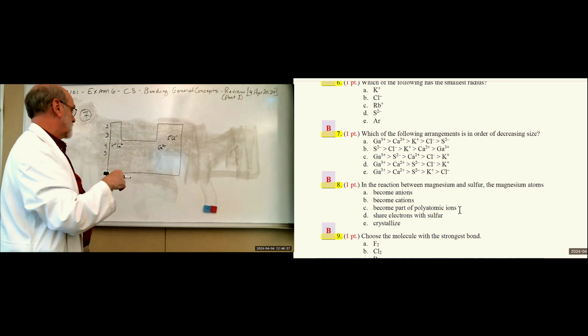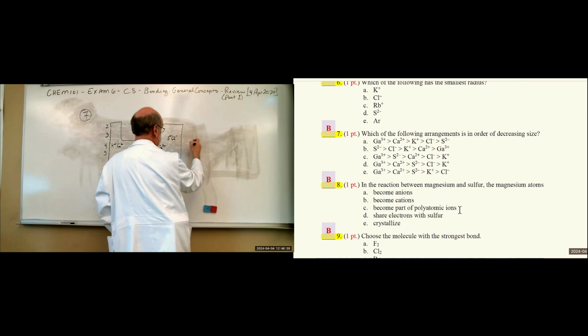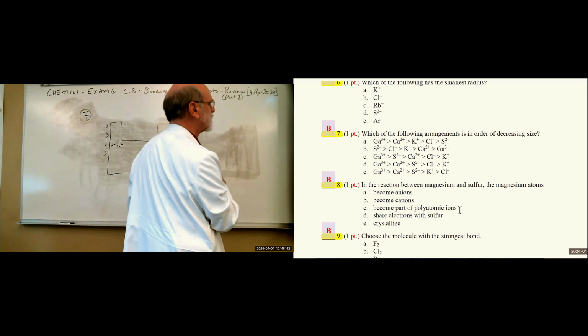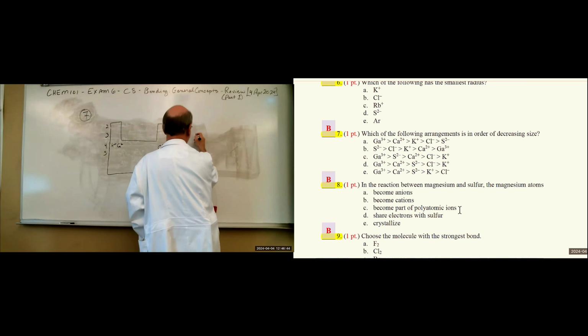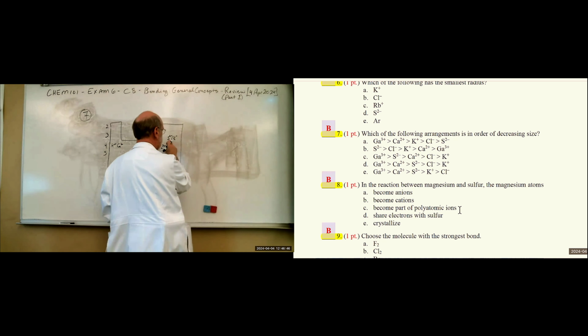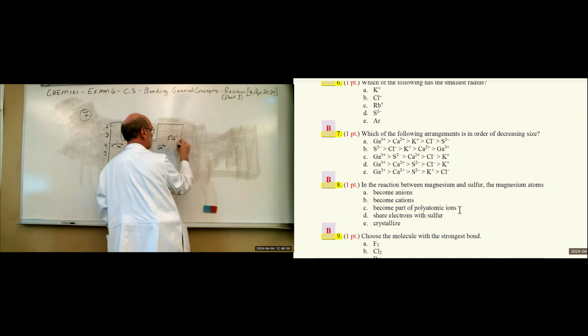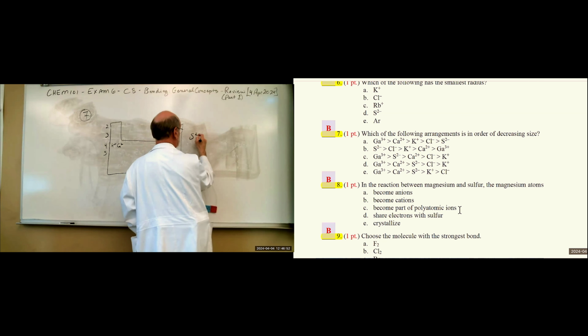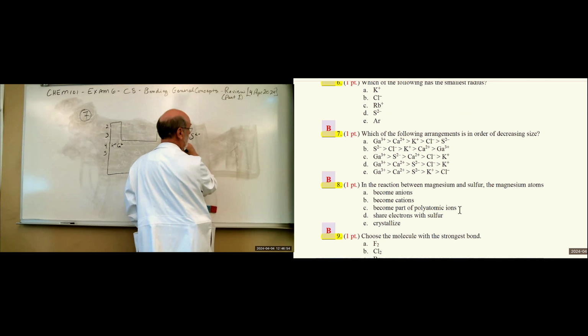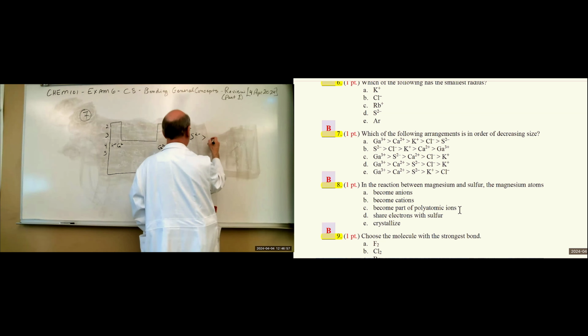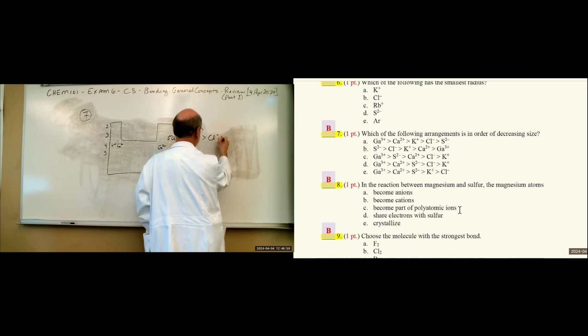So I would say these would probably be the biggest. Let's see, in decreasing size. So I would say since sulfur has 1 fewer proton than chlorine, then 2 extra electrons are going to make it huge.